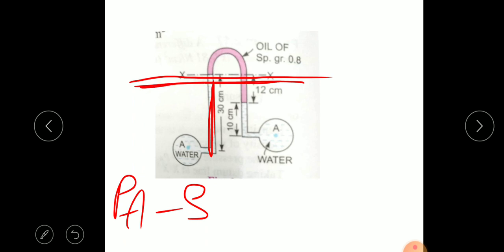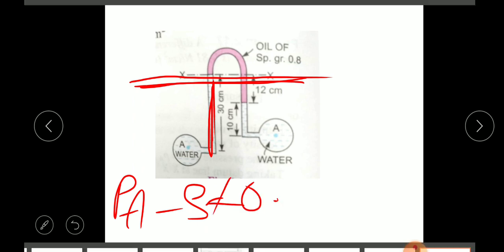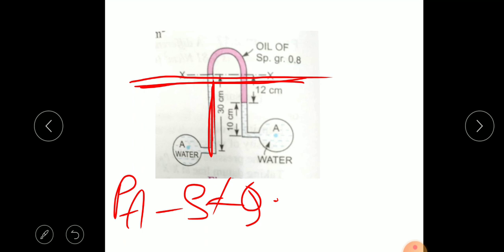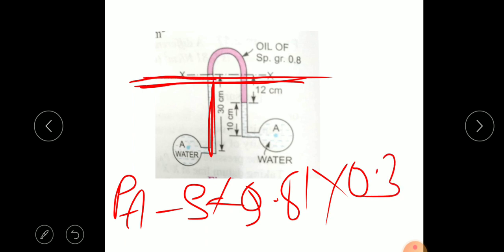So pressure at XX is PA minus rho, density of water, 9.81 into height 0.3 meter.